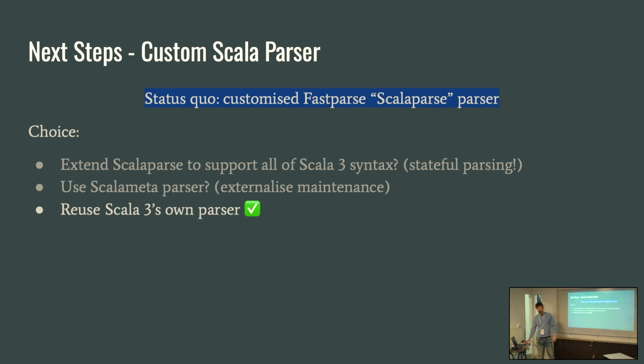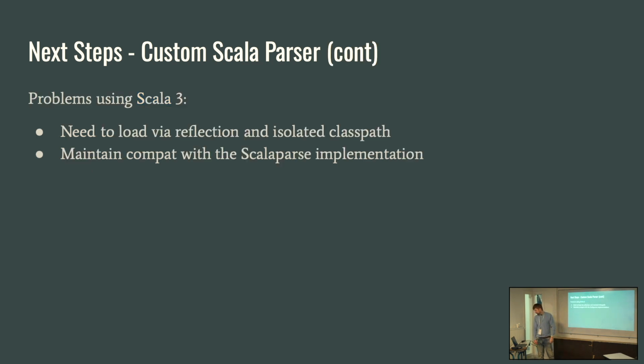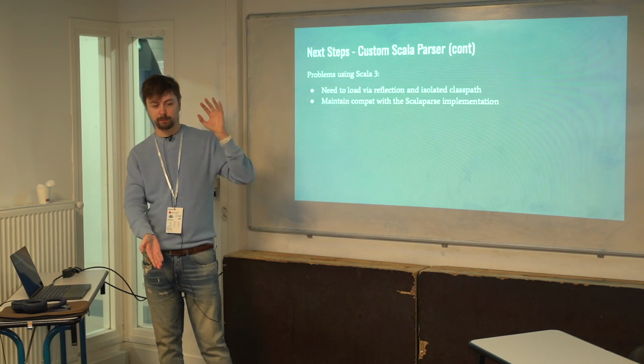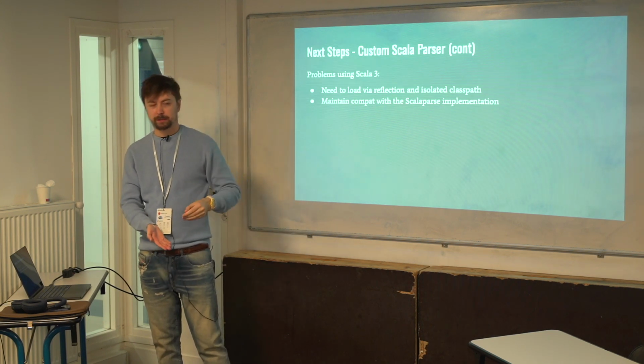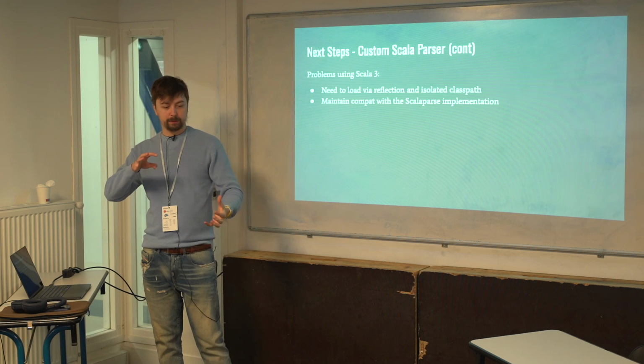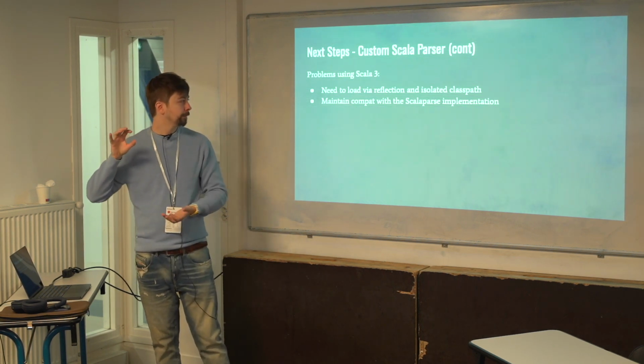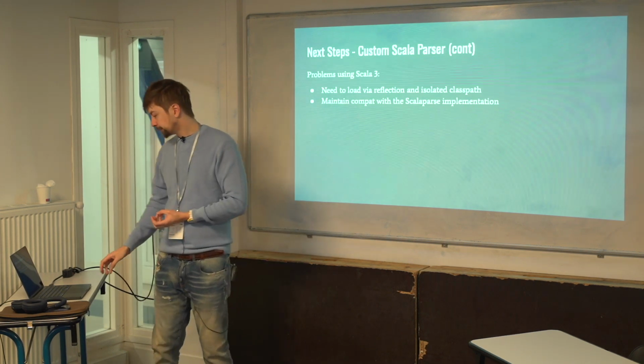So how do we do that? There's a lot of problems with that. Number one, you're trying to compile the mill build file using Scala 3, but at the same time you need to parse the mill build file again to check if it's formatted correctly. And this has to happen in a completely separate class path to avoid any dependency conflicts.